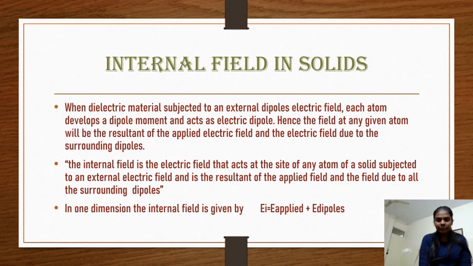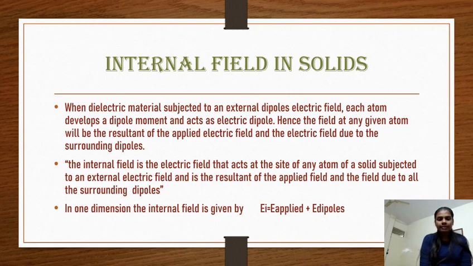Internal field in solids. When a dielectric material is subjected to an external electric field, each atom develops a dipole moment and acts as an electric dipole. Hence, the field at any given atom will be the resultant of the applied electric field and the electric field due to the surrounding dipoles.